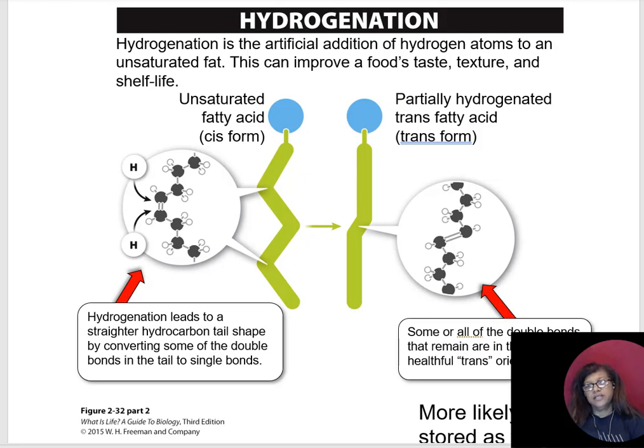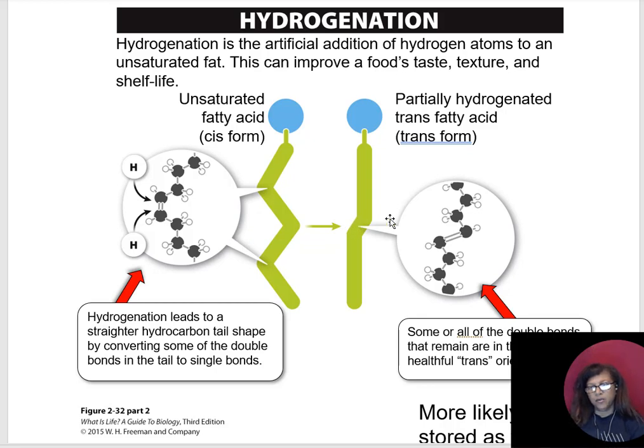So hydrogenation is actually the artificial addition of hydrogen atoms to an unsaturated fat. So here I've got this unsaturated fat, and it's unsaturated because I only have one hydrogen on my carbon, and I have this double bond here. It's giving me this nice crooked conformation. I can't pack a bunch in. That's basically going to clog up my arteries.